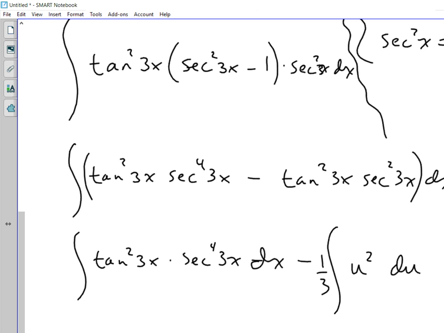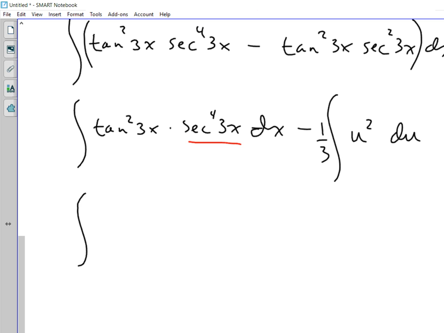Okay. What I'd like to do is take this one and break it up once. Take a pair of those secant powers out, and then substitute in the other place.